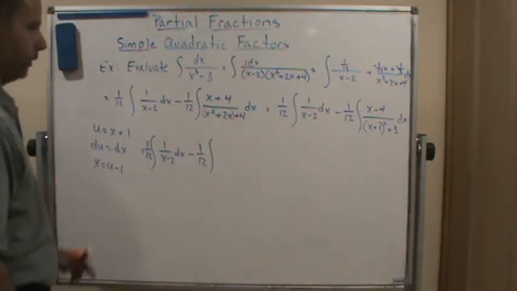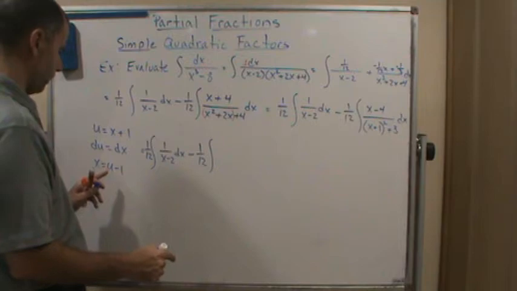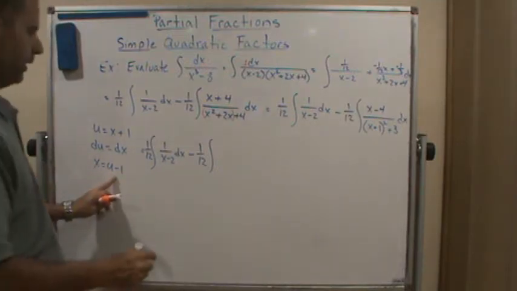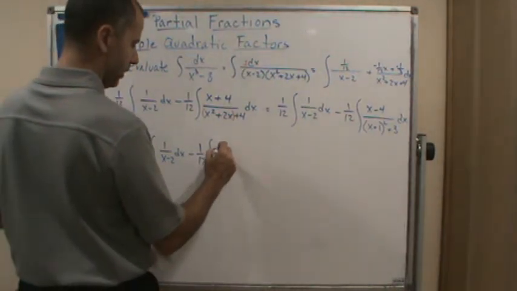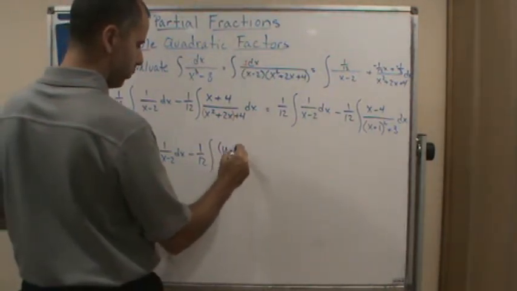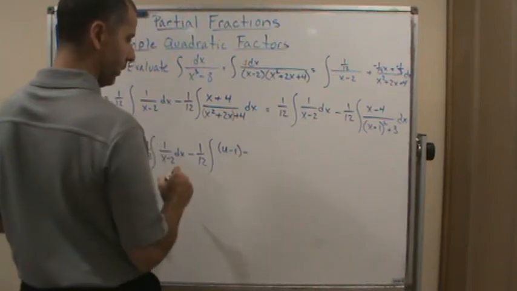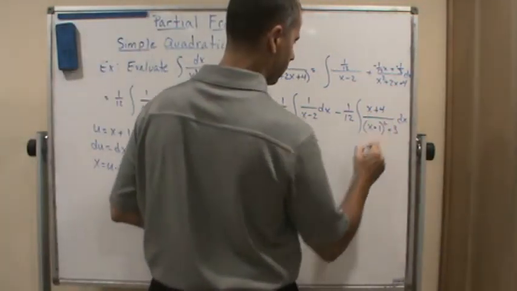And so now what do we do with the x plus 4? The x becomes u minus 1, so then you get u minus 1, wait a minute, oh, this is a plus.